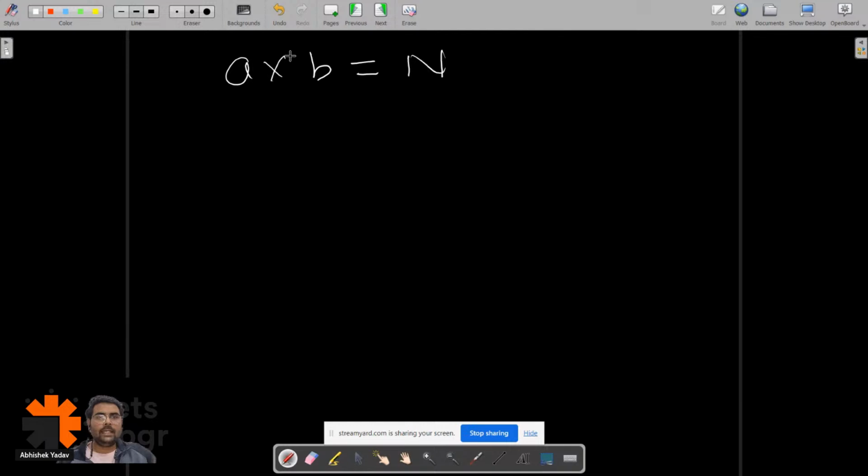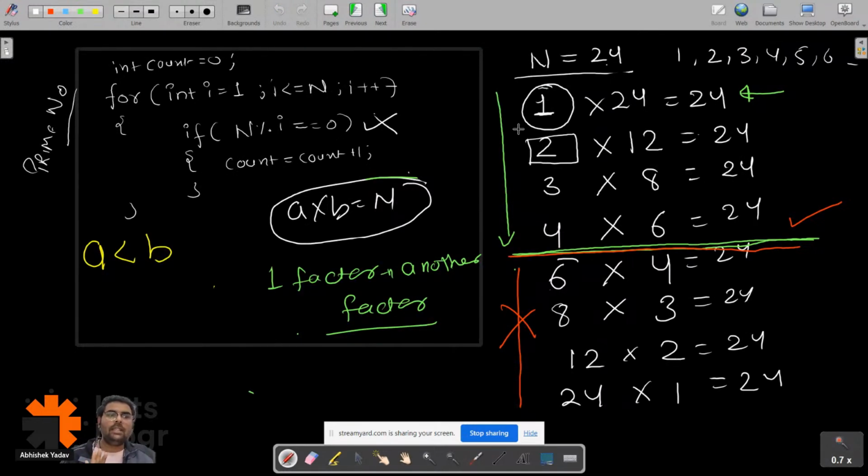If I have to find the value of B in terms of A, I can write like this: B is equal to n by A. And from this table you are saying कि till the time A is less than B, I am getting unique factor.